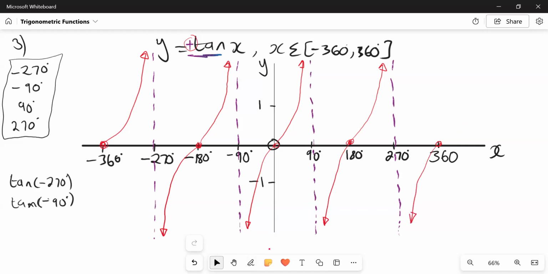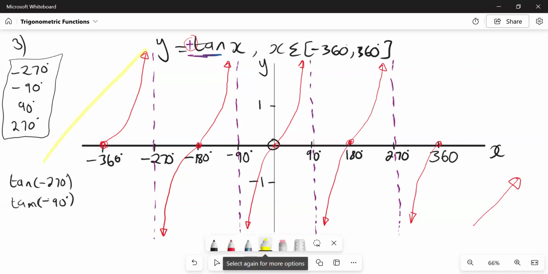Now, if you can check the pattern of the graph, you will notice that the graph is actually having this kind of a direction. The graph is increasing. Basically, the graph is increasing, right? Because of the positive sign in front of tan x.